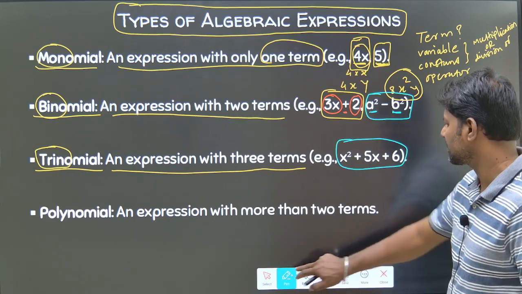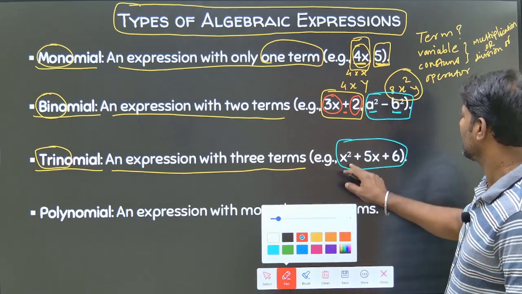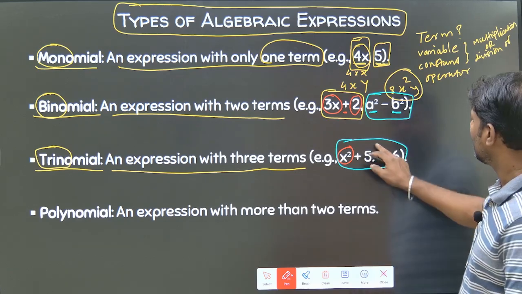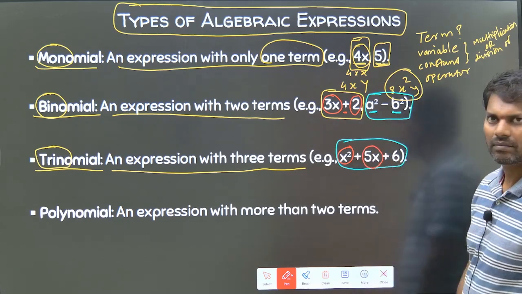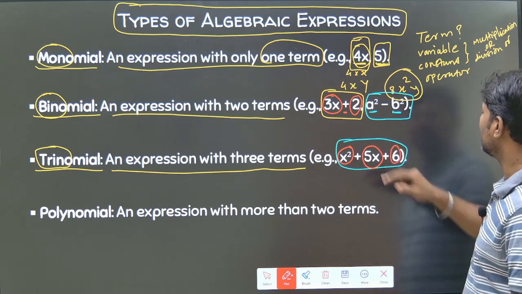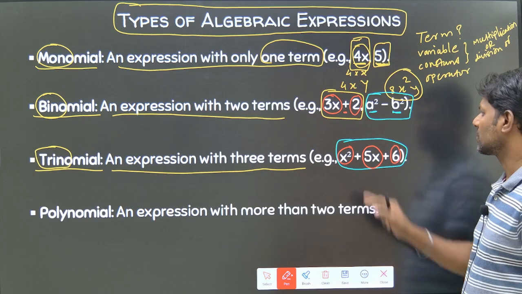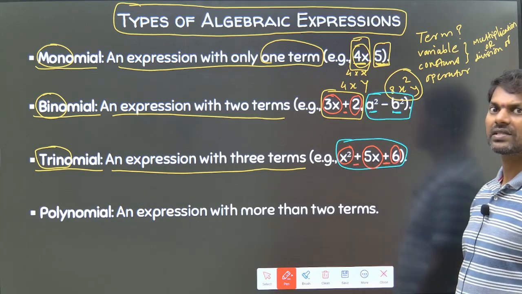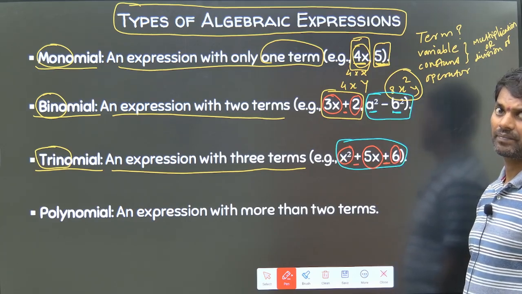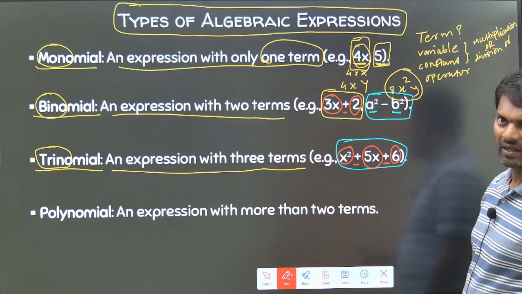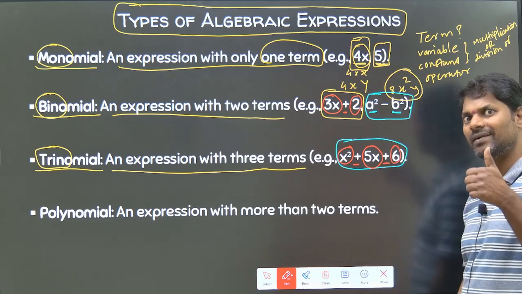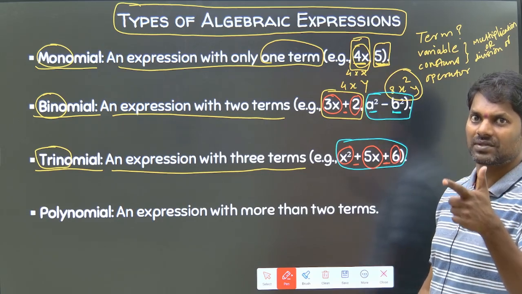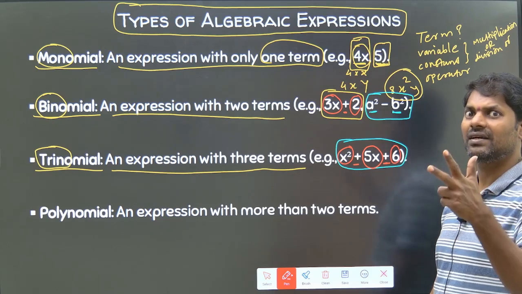Which are the three terms? x square is one term, 5x is the second term and 6 is the third term. So three terms are added by using the plus operator. So this is called a trinomial. Monomial where there is only one term, binomial where there are two terms, trinomial where there are three terms.